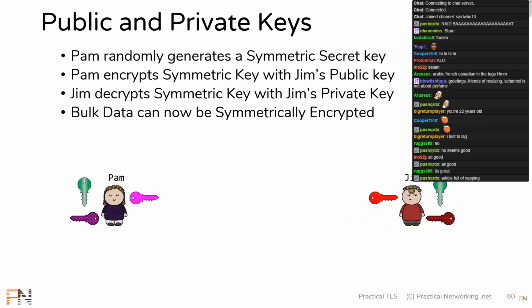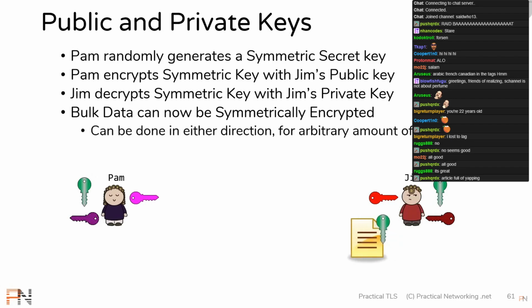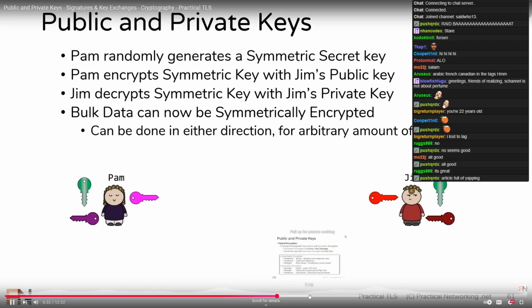This can be done in either direction for an arbitrary amount of data. Here, Jim is sending something to Pam securely using that same symmetric key. Now that both parties have the identical symmetric key on either side, they can continue to use that for however much data they want to protect.